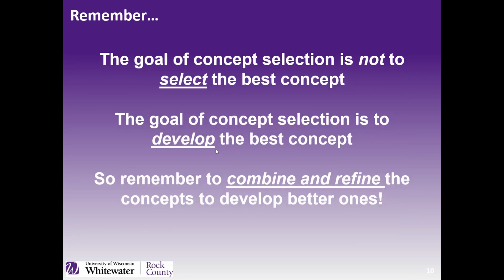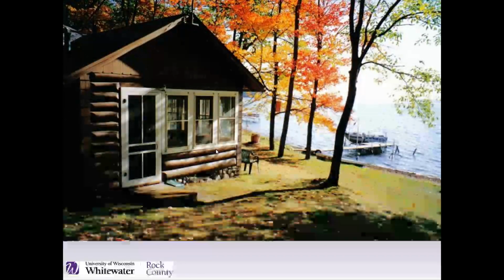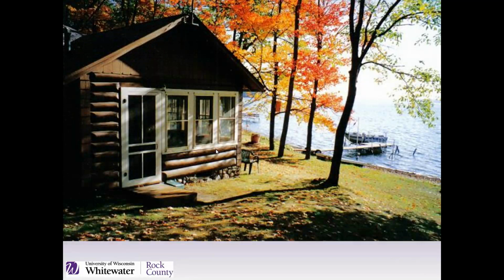So the nice thing about it, and the beauty of that, is you can use that table for a lot of different things. Let's say you want to buy a cottage up north. You could use that to determine different criteria for purchasing a cottage up north, right? It could be the cost, it could be the amount of lakefront, it could be the number of bedrooms, square footage, whatever, that kind of thing, water access, all of that.